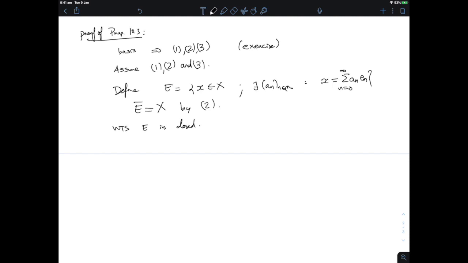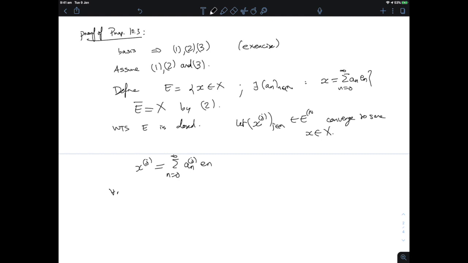Okay, so let's take a converging sequence in E. Let xj in E converge to some x in X, and I have to show that this x is actually in E. So what can I say about the xj? Because they're in E, they're of the form the sum of an^j en for some an^j's.